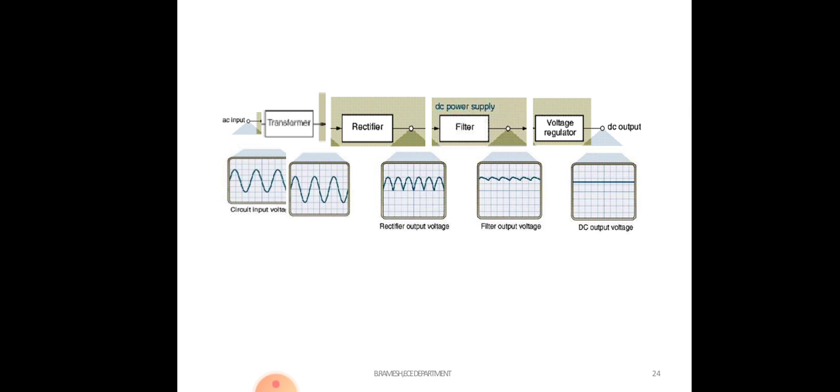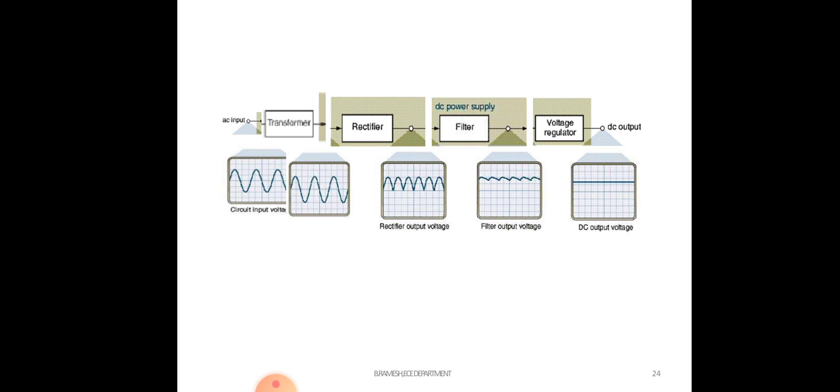There are different kinds of filter sections: one is the L section filter, another the C section filter. The devices that filter the pulsating DC signal are the inductor and capacitor. If you connect the capacitor in parallel to the circuit, it allows the AC current and blocks the DC current, so the DC current goes to the output.